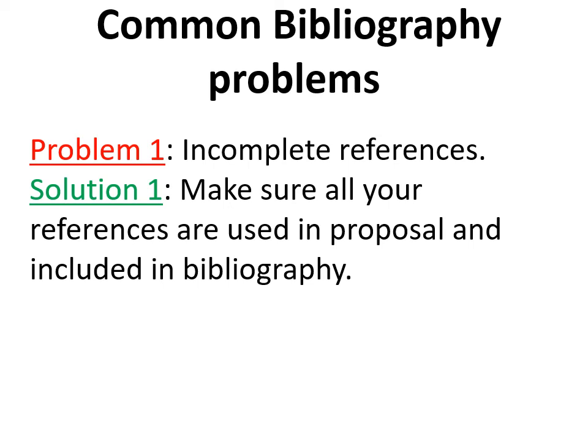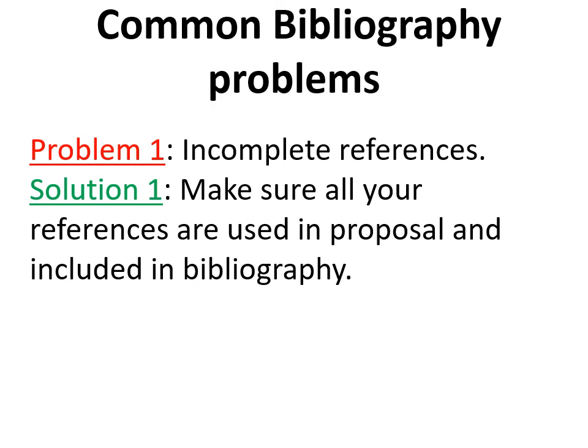So this can also happen, sometimes people leave things out. It might be that you've got 10 sources, but you've only included 8 of them. The reverse of that is that you had 10 sources, but you ended up only using 8 of them, but your bibliography still contains 10 sources.